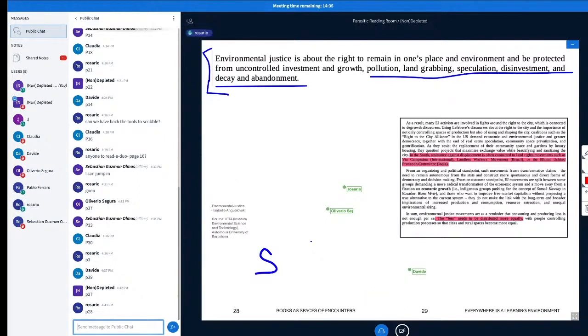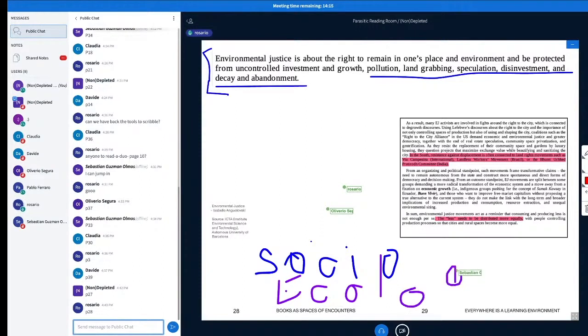Using Lefebvre's discourses about the right to the city and the importance of not only controlling spaces of production, but also of using and shaping the city, coalitions such as the Right to the City Alliance in the US demand economic and environmental justice and greater democracy, together with the end of real estate speculation, community space privatization, and gentrification. As they resist the replacement of their community space and gardens by luxury housing, they question projects that maximize exchange value while beautifying and sanitizing the city.